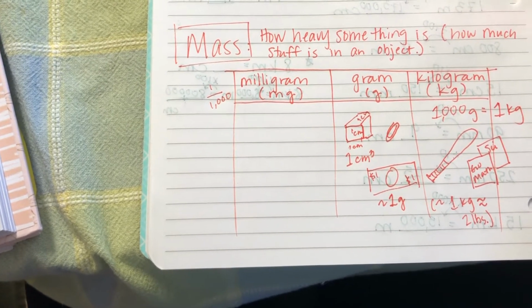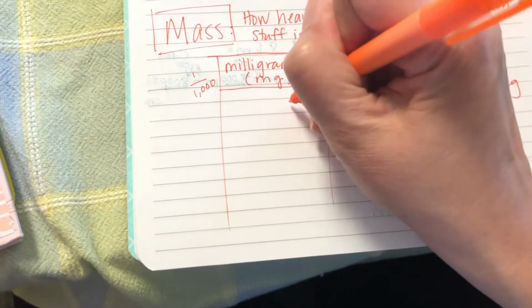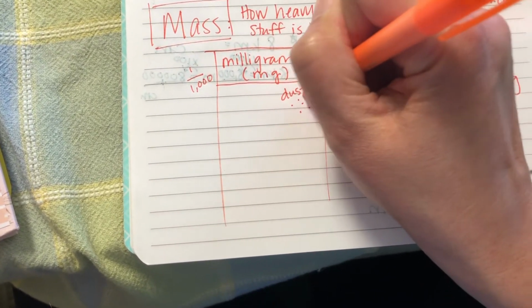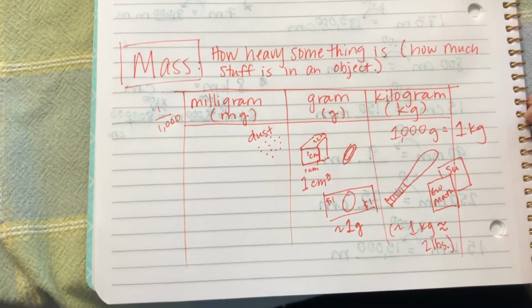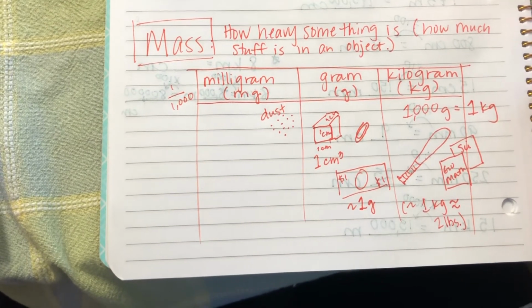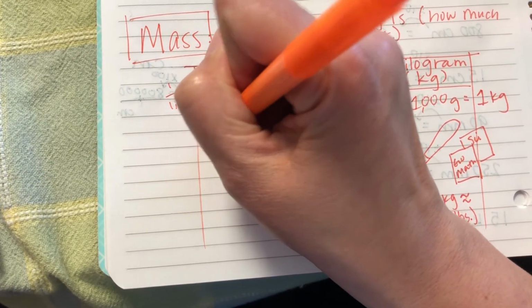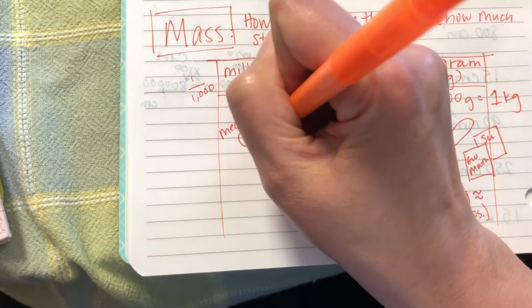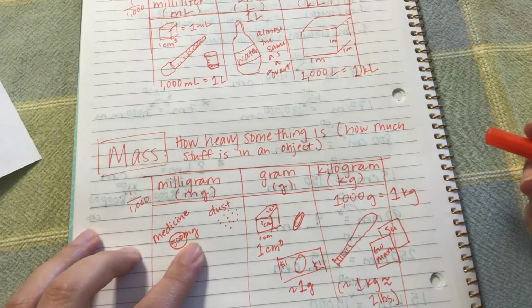I would say something like dust might be a milligram, like 1 milligram in mass. When we look at medicines, if you look really closely at the tablet, it might say 500 milligrams.